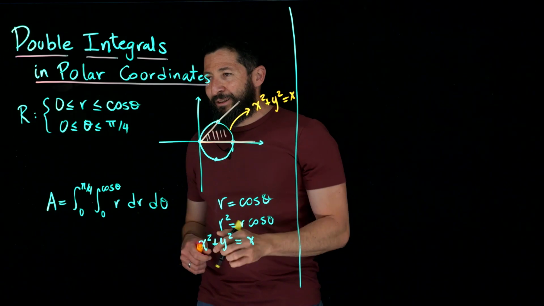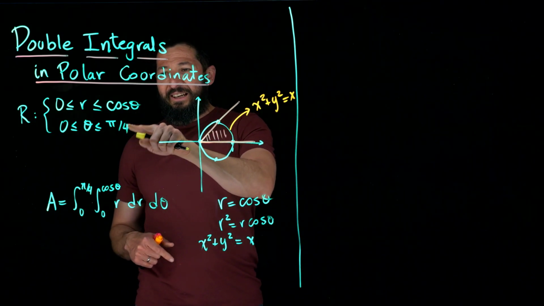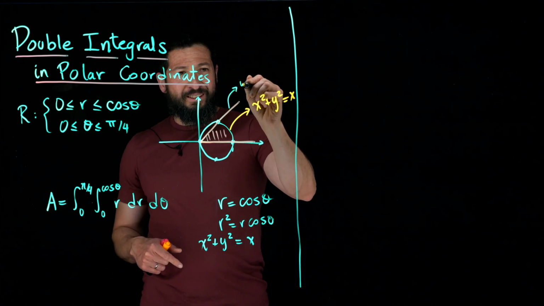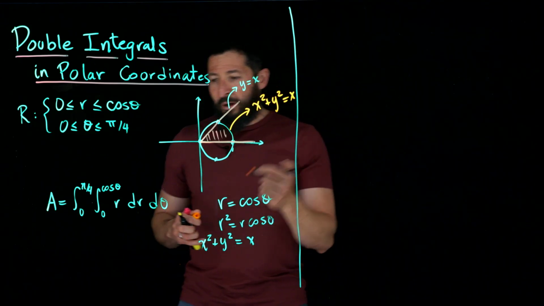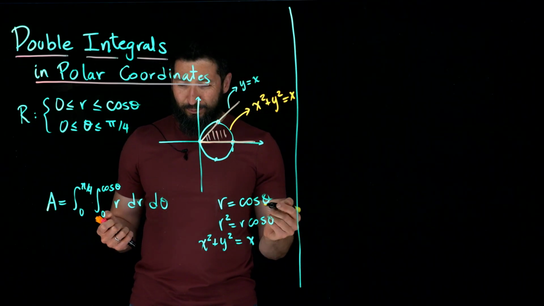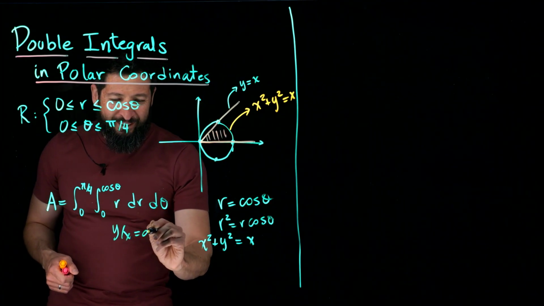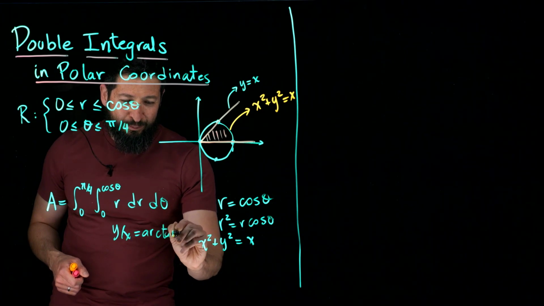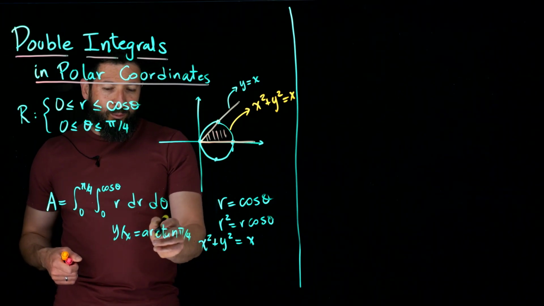All right. Now we need to figure out this line here. You don't really have to do much because the line is just the line y equals x. Why is that? Because y over x is going to be the tangent of pi over 4, and this is 1.